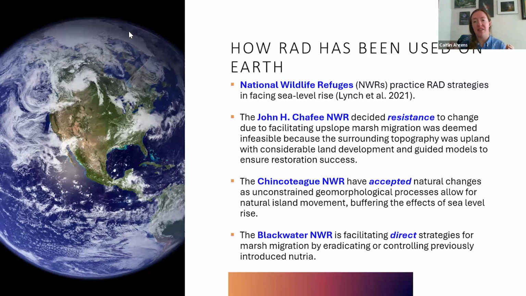Chincoteague accepted the changes involving the natural environment, and then Blackwater did direct changing. So they eradicated and very much controlled by introducing different flora and fauna into their marshlands to then actively shape their environment.